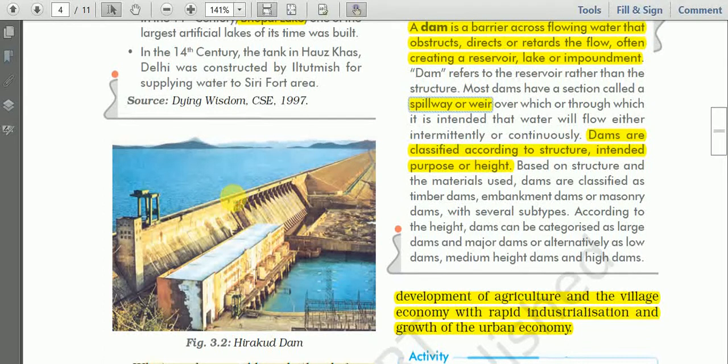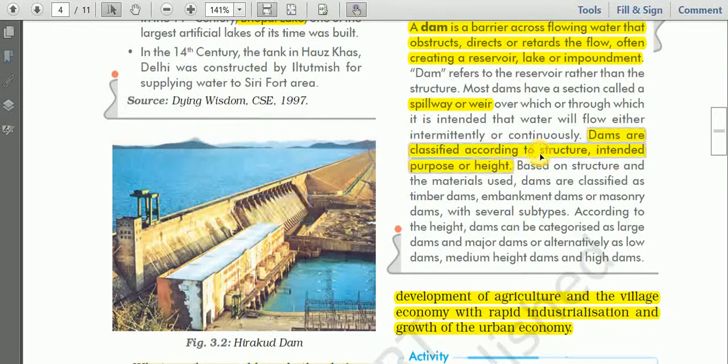See this area. This area is known as a spillway or weir. When the river is in flood, we have to open the floodgate, and water will flow down, thus controlling the flow of the water. This section of the dam is known as a spillway or weir.